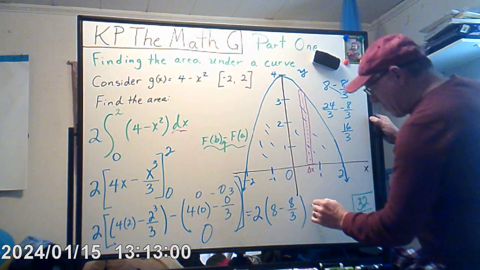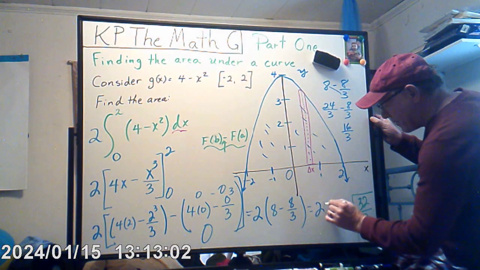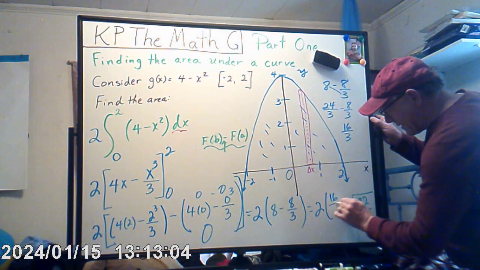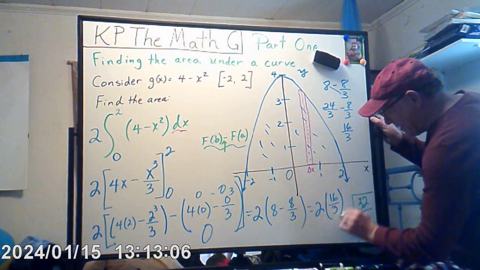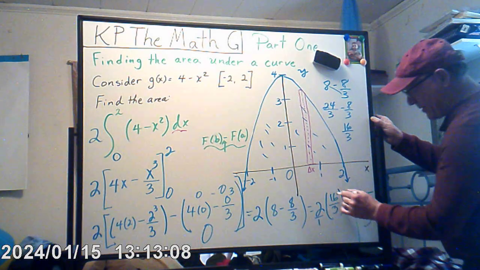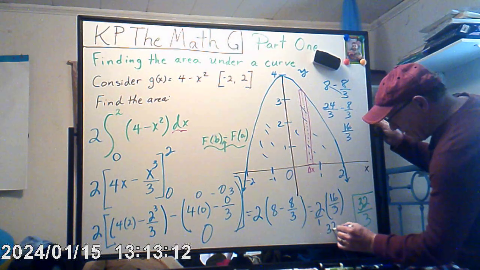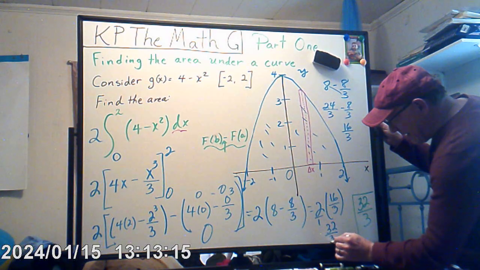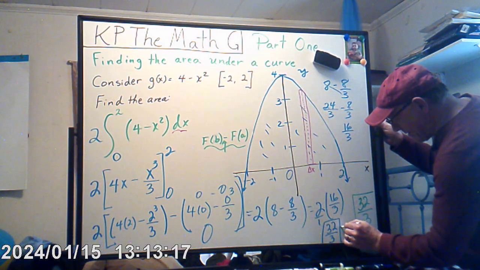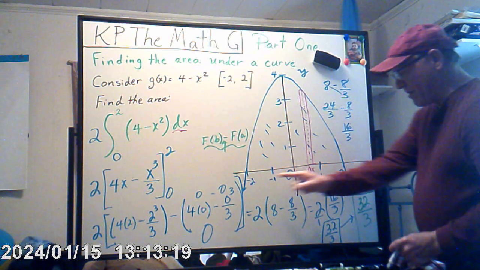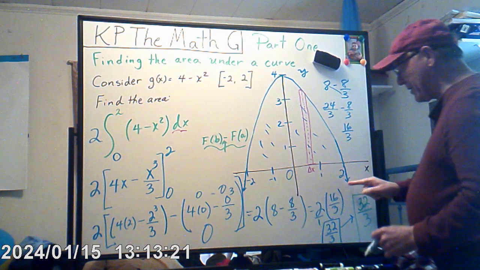But remember, we are multiplying by 2. This 2 is just 2 over 1, so 2 times 16 is 32. 32 over 3. And that's the exact same answer that we got here when we went from -2 to 2.